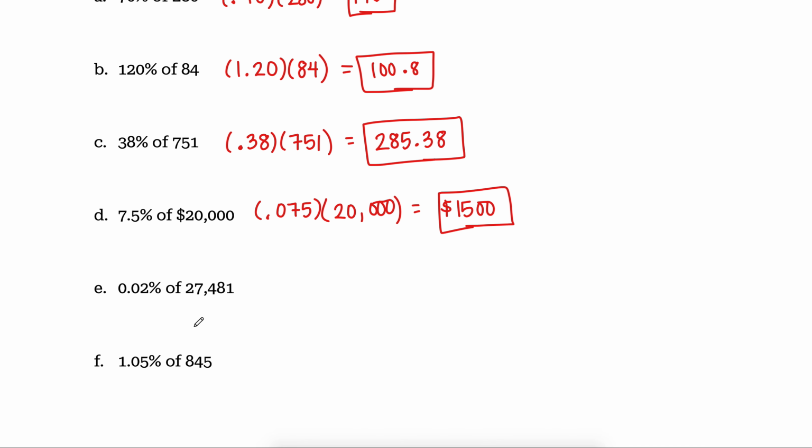Couple more. The next one is 0.02% of 27,481. Writing this in its decimal form, even though there's a decimal point in it, it is still in percentage form. In its decimal form, this one is going to be 0.0002. And then we multiply that by 27,481.